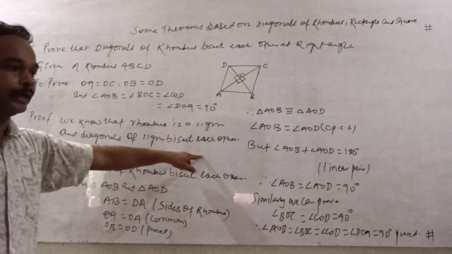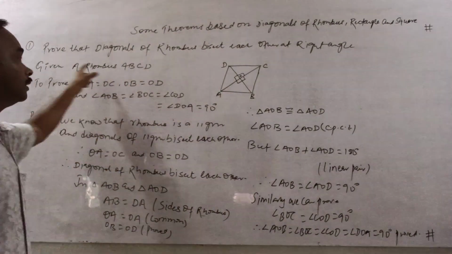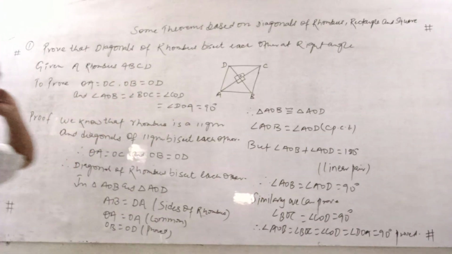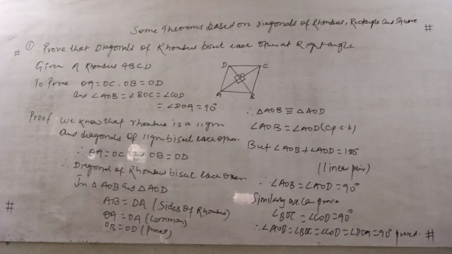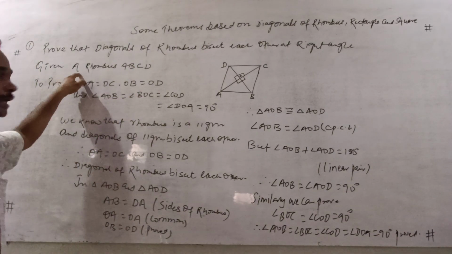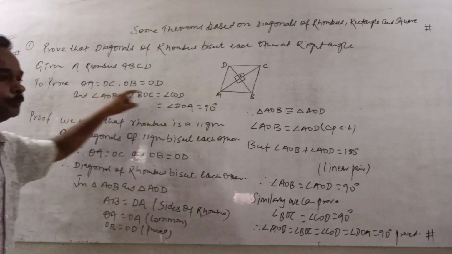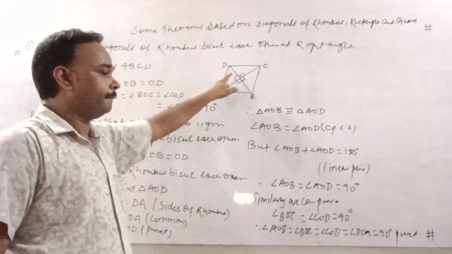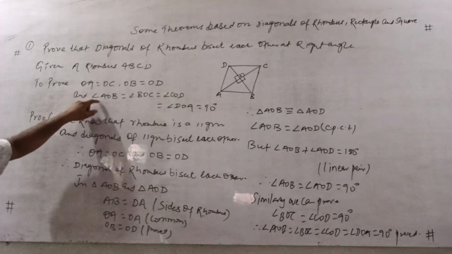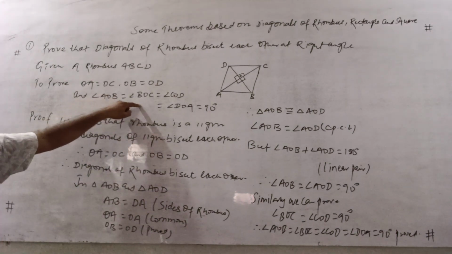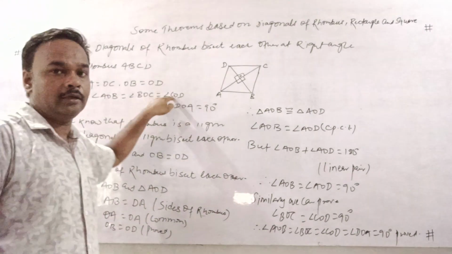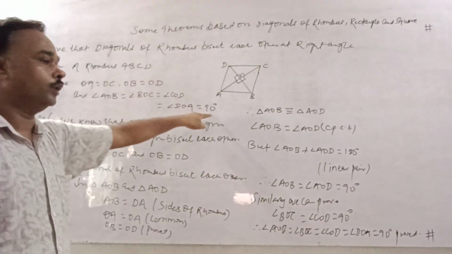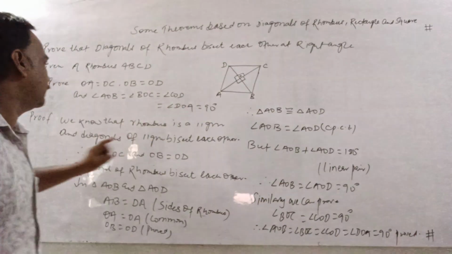See the proof of this theorem again. This is a rhombus whose diagonals bisect each other at right angle. Given here is a rhombus ABCD. We have to prove OA is equal to OC and OB is equal to OD, and second, angle AOB is equal to angle BOC is equal to angle COD is equal to angle DOA is equal to 90 degrees.